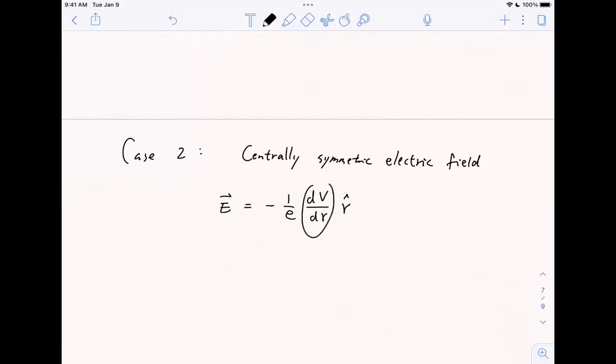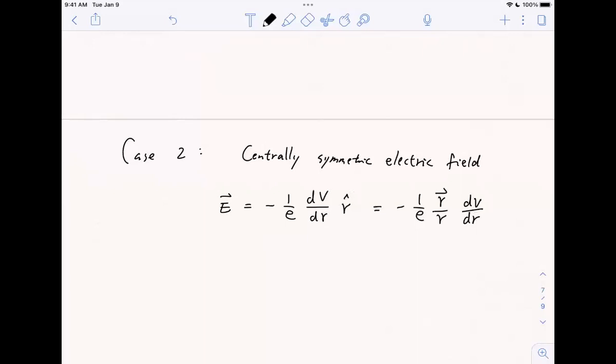It depends on the potential. If the potential is weird, then you can have a weird centrally symmetric electric field, but it's always pointing in the R direction. So you can write it using the R vector over R and dV/dr. This V is determined by the potential inside the atom.